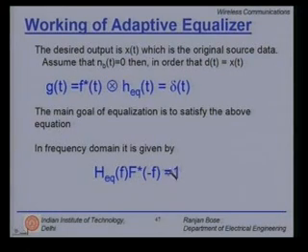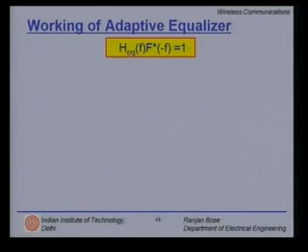So, if you have this condition satisfied in the frequency domain, then you are in business, you can equalize the channel. In a layman's language, equalization undoes what the channel does. It is an inverse filter, which has a problem also, because if you have deep nulls in the frequency spectrum of the channel, then you tend to amplify the noise in those areas as well, and therefore the need for a nonlinear equalizer.